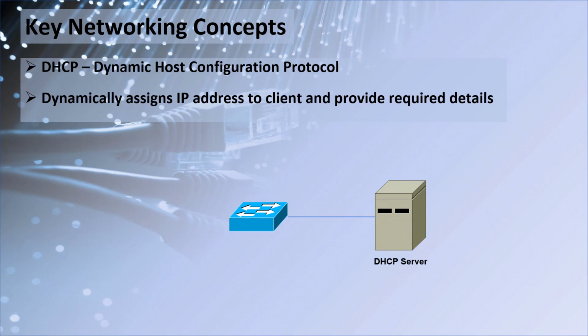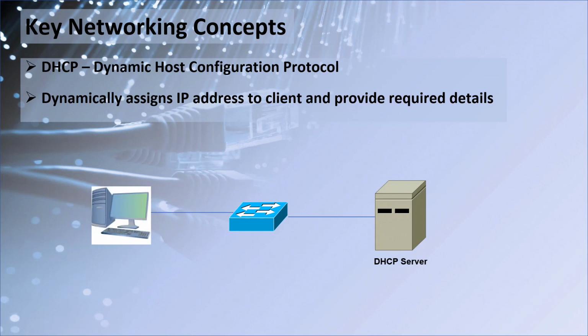It dynamically assigns IP address to the client or machines and provides the required details to the client to connect to and communicate with the network. When we say the required details, it is IP address, subnet mask, gateway and DNS server details. How does DHCP work?